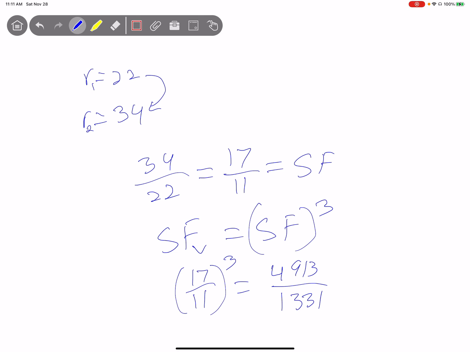And are these divisible by anything? Don't believe so, so you can leave your answer this way.